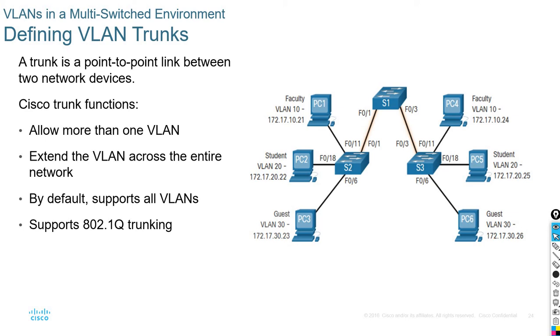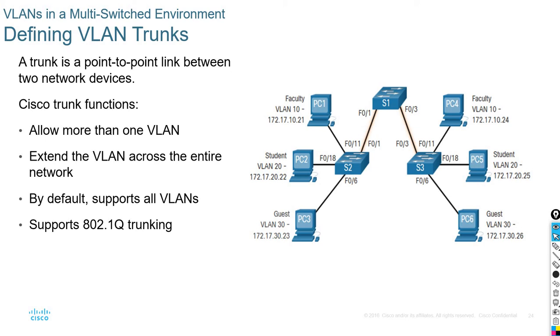Cisco trunk functions allow more than one VLAN and extend the VLAN across the entire network. By default, it supports all the VLANs, and it also supports 802.1Q trunking.